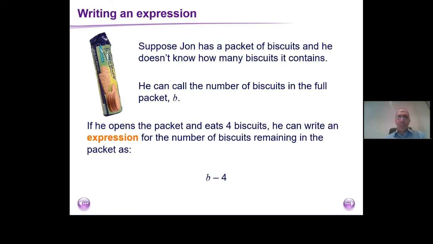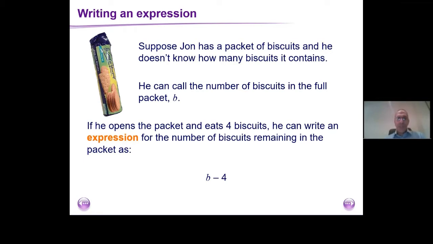So for example, if John had a packet of biscuits, and he doesn't know how many biscuits it contains, we will use the term B to represent the biscuits when it's full.